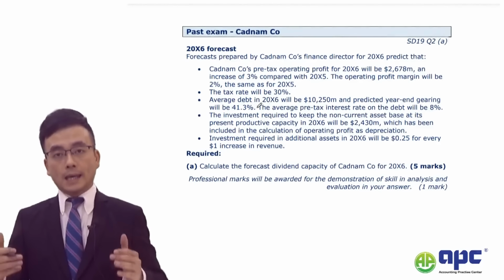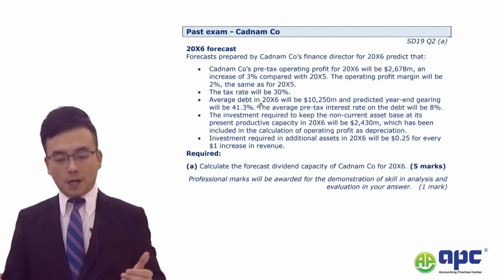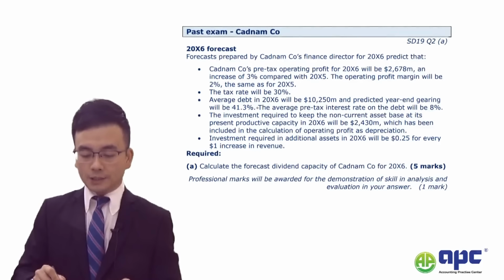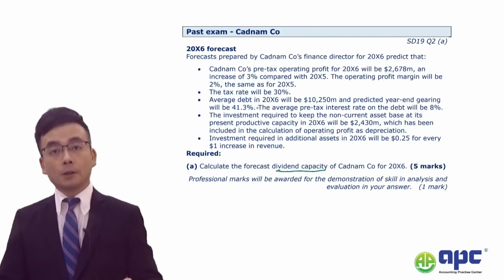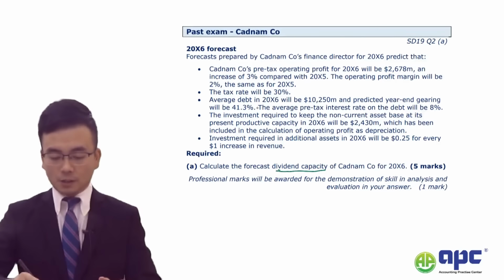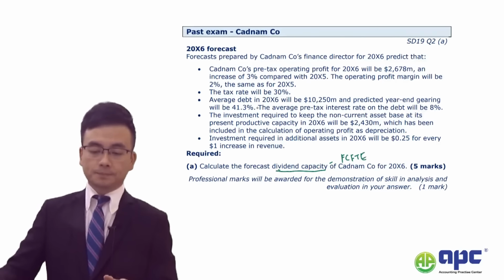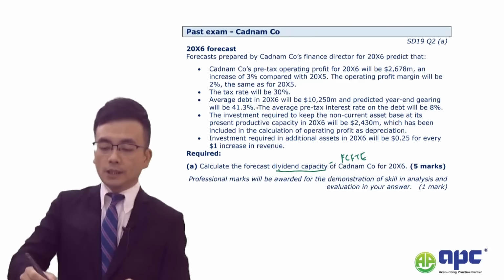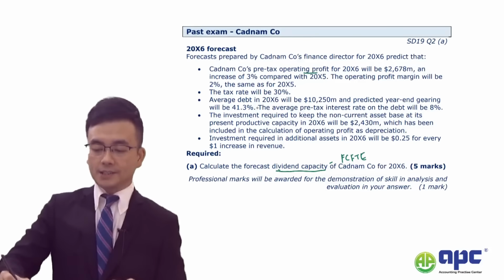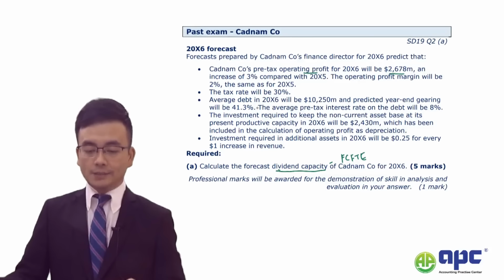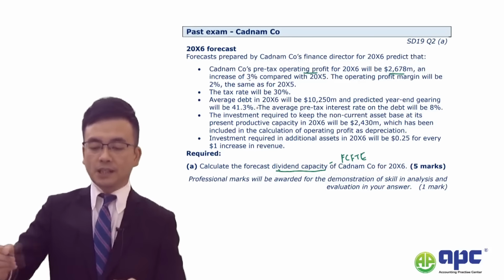Now, in this requirement, it's coming from a past exam, calculate the forecast dividend capacity. Okay, so we are calculating, for example, free cash flow to equity. And so we are told the operating profit before deducting taxes, 2678, an increase of 3%.